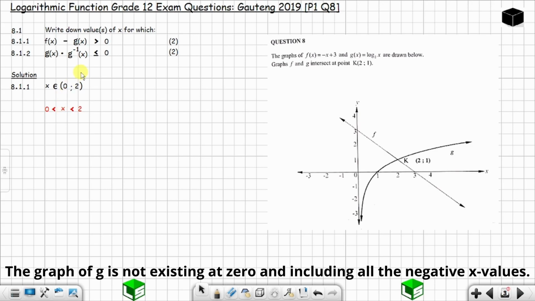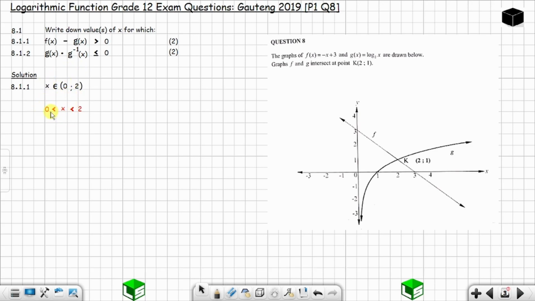You can give your answer like this or like this. Okay, this means x is in between 0 and 2. You take all the values between 0 and 2, but you exclude 0 and 2 because you don't have an equal sign there, meaning 0 and 2 are excluded. You can see that with a round bracket, meaning 0 and 2 are excluded.